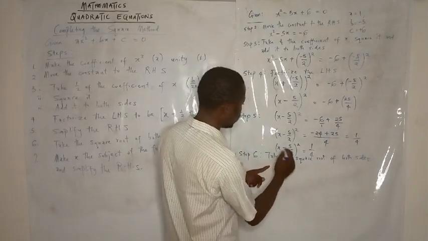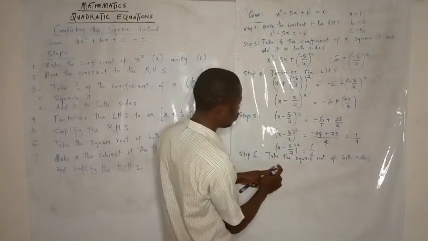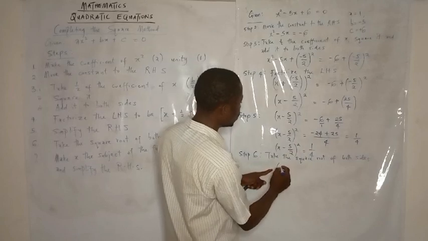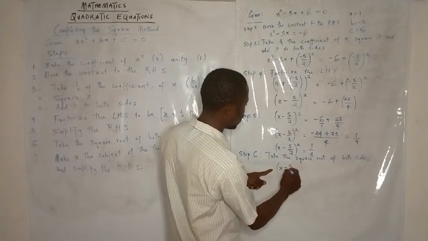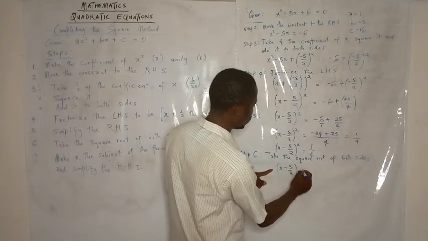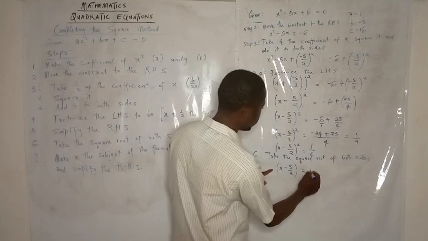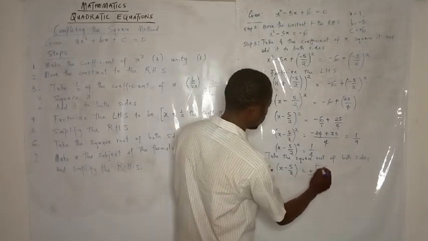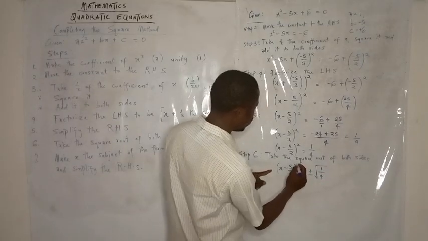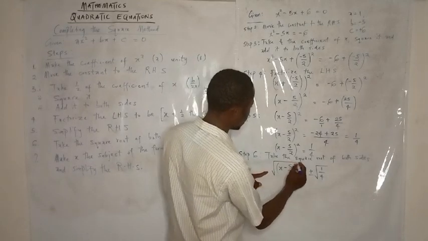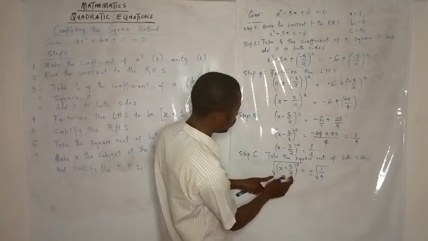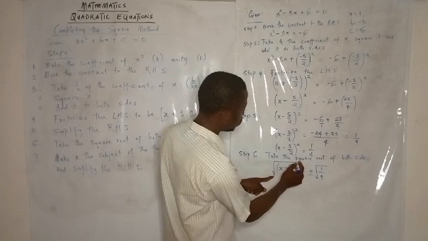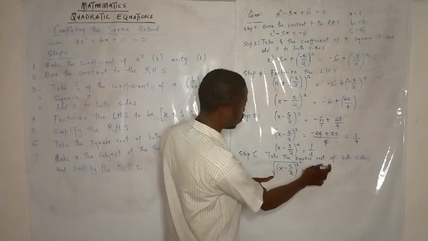If we take the square root of both sides, the square root of this side, we cancel the squares here. So we'll have x minus 5 over 2 equal to plus or minus square root of 1 over 4. Taking the square root of this squared equals plus or minus square root of this.